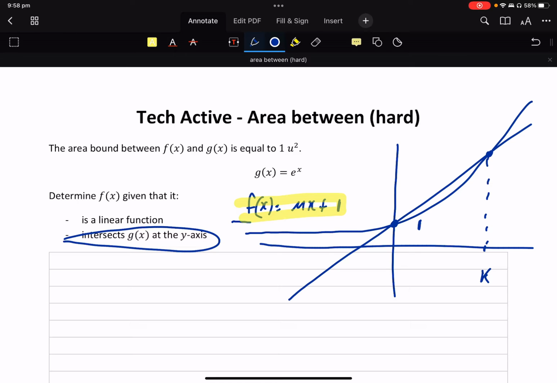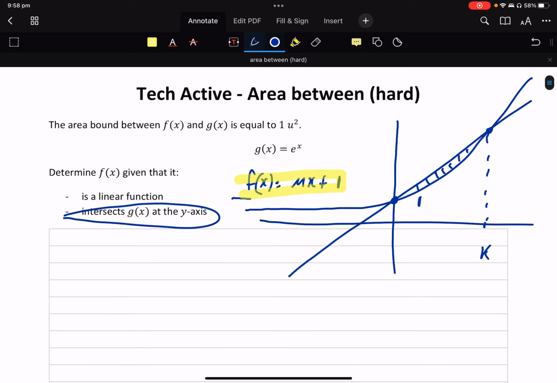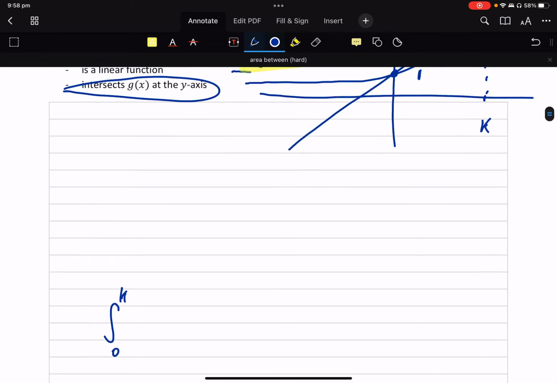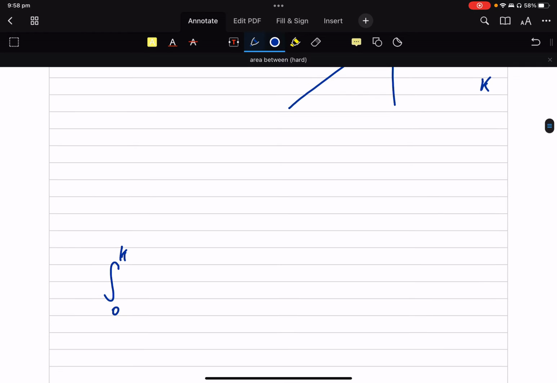Okay, the area in between these functions is equal to 1. So I don't know how far down we go. So the integral from 0 to k, it's the linear function on top. So it's mx plus 1 minus e to the x, and that will equal 1.